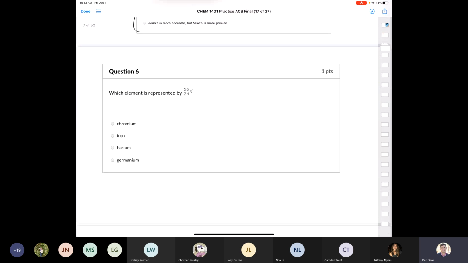Question number 6, which element is represented by this? And I'll give you a second to look at it.